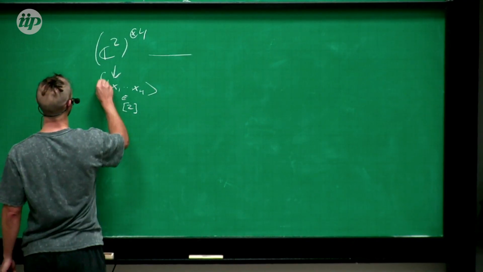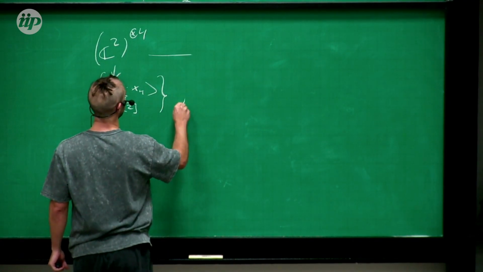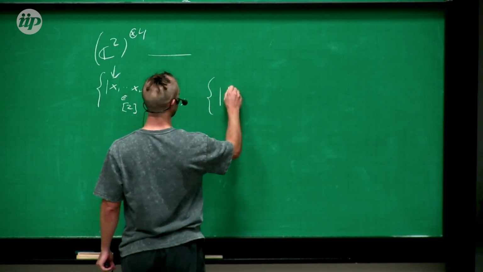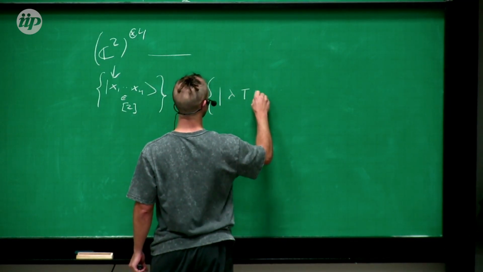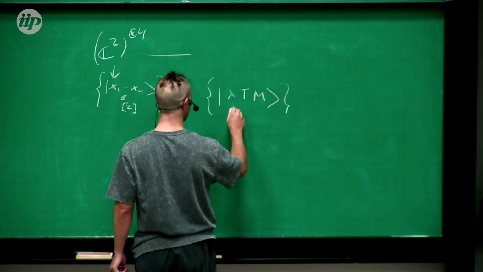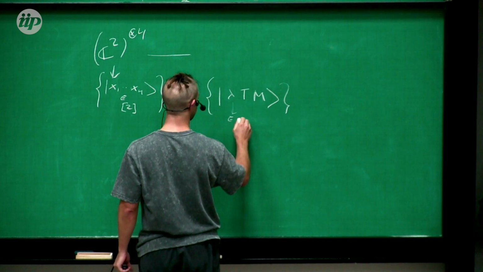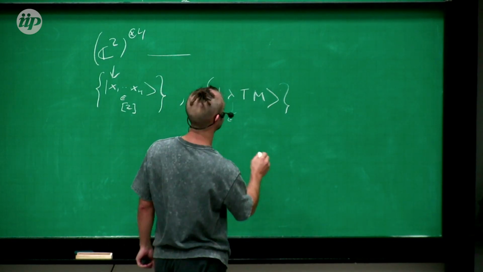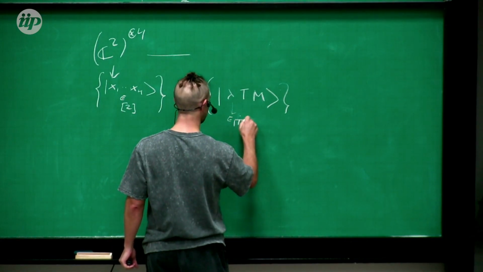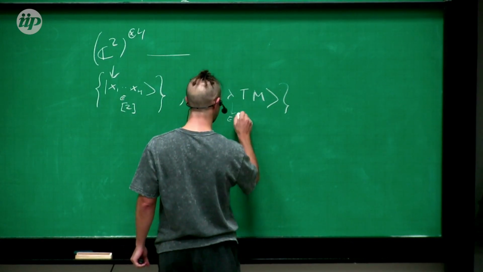This is a computational basis, and the claim is that there's another basis that you can label lambda, T, m, where lambda is in these diagrams up there. So maybe we can even draw it like this. It'll be nicer.